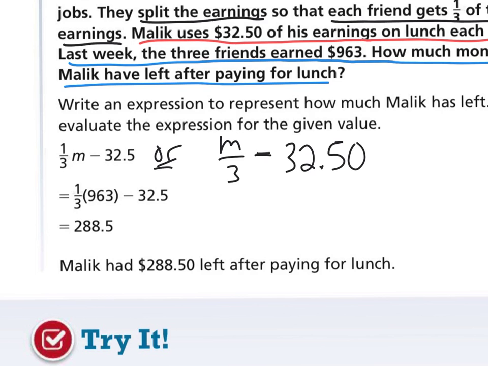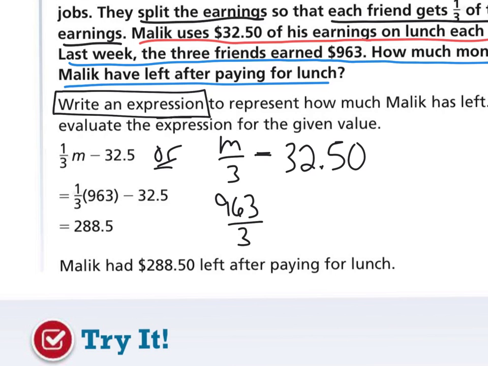That would be our expression, and that's what we're starting with. It says write an expression. You've got to write that out first before you can substitute. Once we've done that, you can substitute in 963 in place of M.